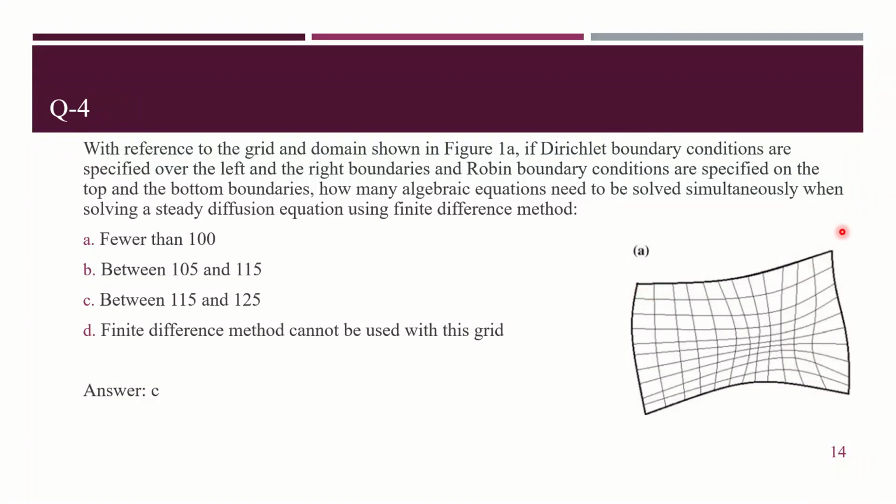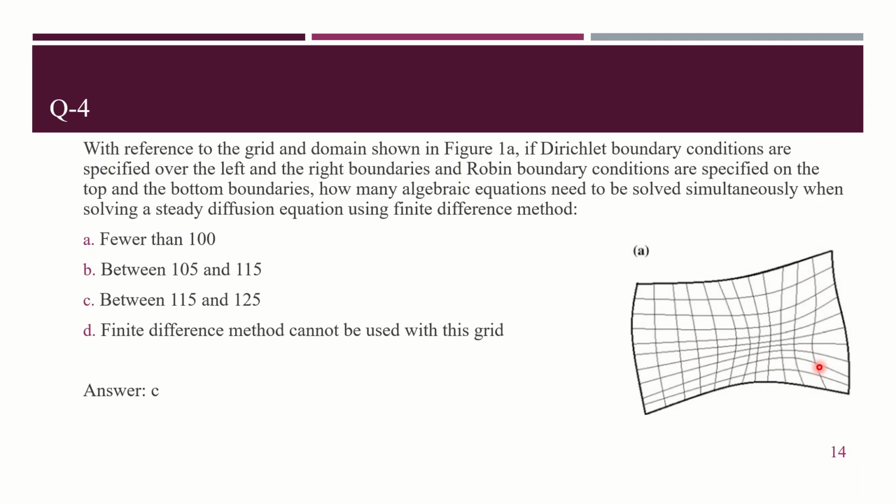For example, this is a rectangular structure and we have 12 cells in the horizontal direction and 10 in the vertical direction. So 12 cross 10 cells we have on the whole. So we have 120 cells roughly.